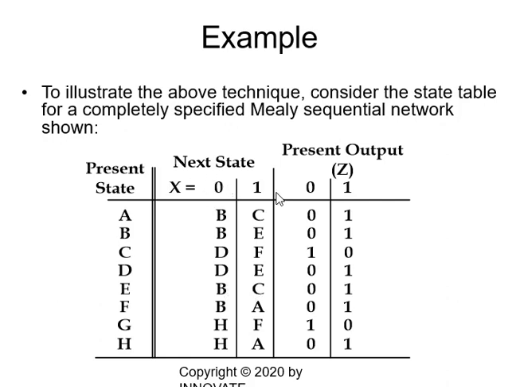So BC and BC, 0, 1, 0, 1. So immediately we say A would be equivalent to E. In step number 1, I will remove E, and I will replace every E in the table with A because A is equivalent. So this will become A. This will become A. Okay?